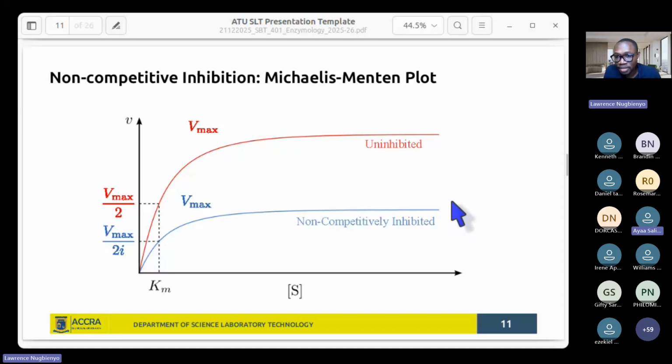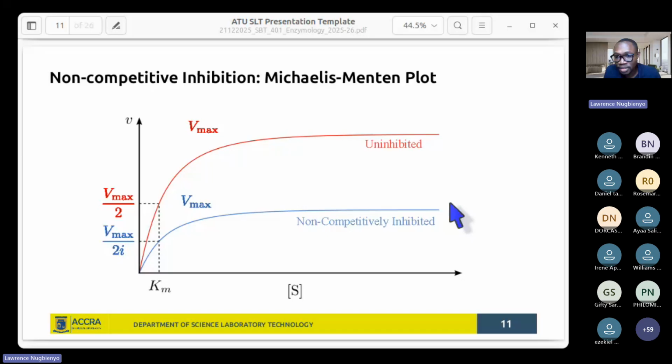Okay. Looking at the graph, products will be formed, but the amount formed over a period of time will be less than if you don't have the inhibitor there. So it's not that the product will not be formed. The product is being formed, but the enzyme is being inhibited, so its activity is slow.